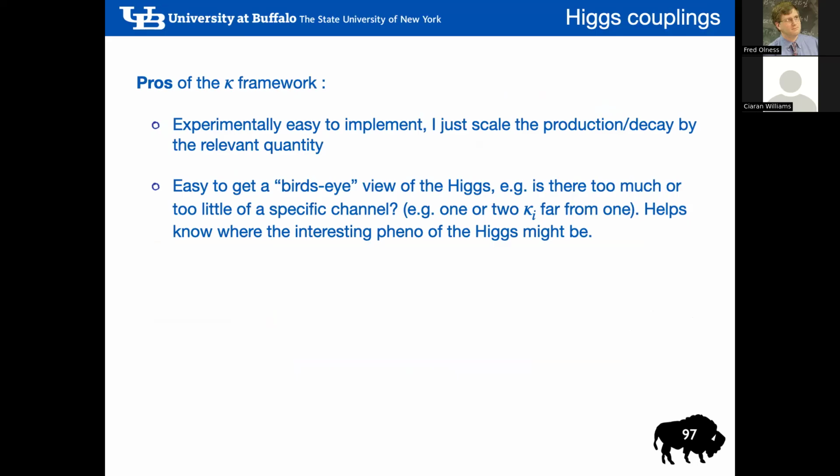If you look at these kappa limits, especially in the early days of data where things are confusing, and you see, okay, there's way too much tops, it looks like ttbar Higgs has been made way too much. But then how does that talk to the other channels? You can very quickly get a bird's eye picture where you see all of the kappas together in one plot, and you see where the tensions are. So it has an advantage there, at least in the early days, giving you that sort of quick information.